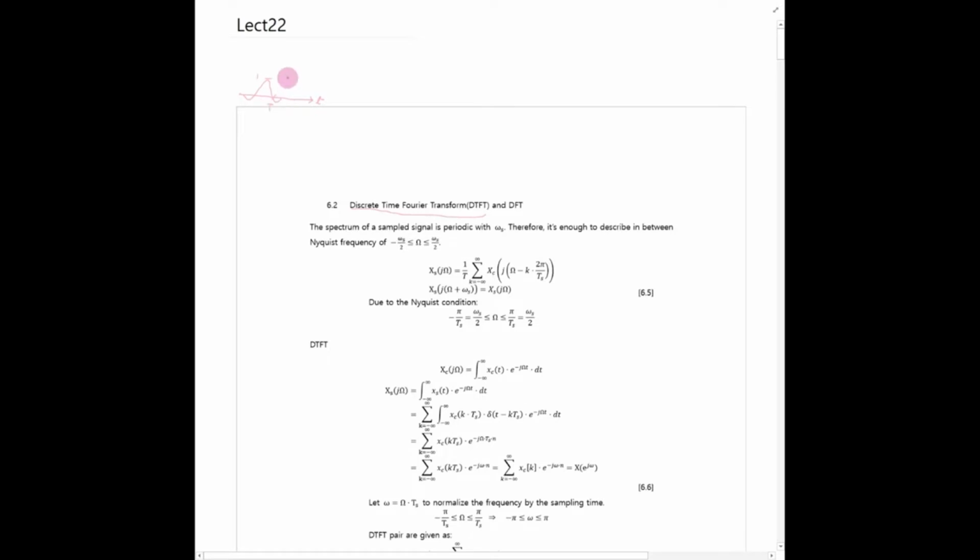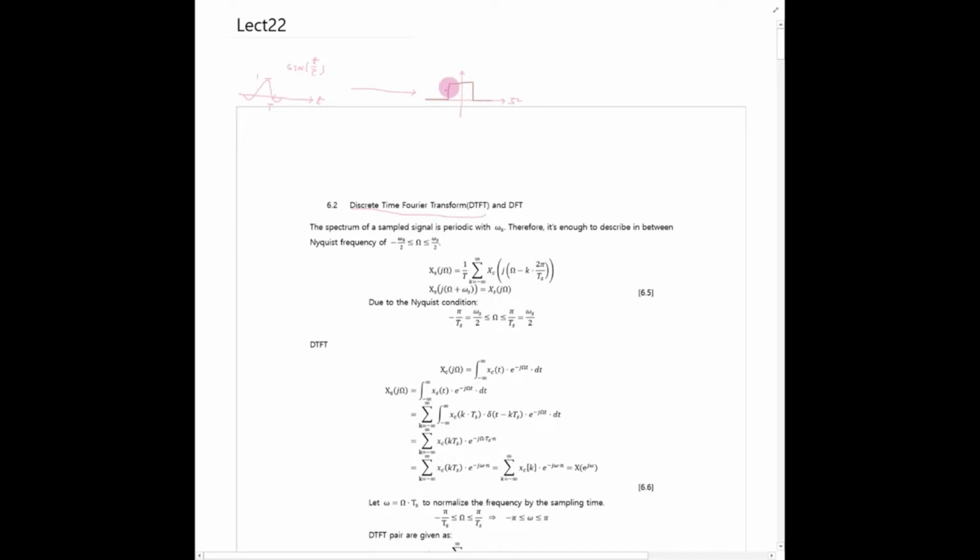Then this function can be expressed as sinc of t over tau. In the spectral domain, by taking the Fourier transform in the continuous domain, with this axis being omega, it looks like a box shape.